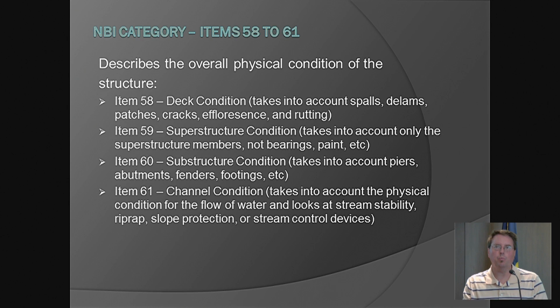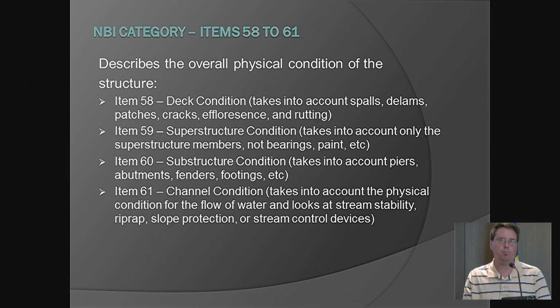So when you're doing your NBI, say we looked at the whole deck system and we only found a spall in one little corner, overall the deck looks good. So it's going to get probably a high value, probably a 6 or a 7. Now, if there was a hole in the deck and we had concerns of localized failure, then that will change how we're looking at the NBI, and it might drop that value down considerably.